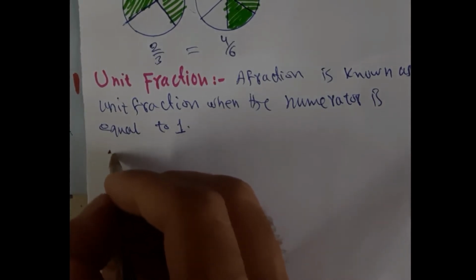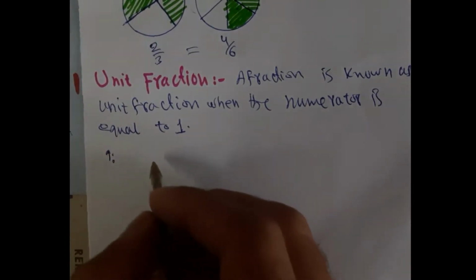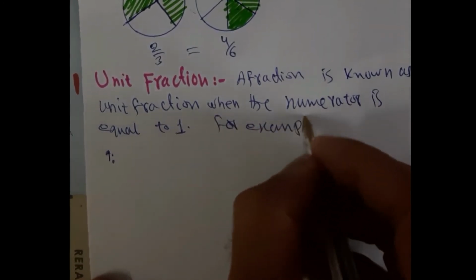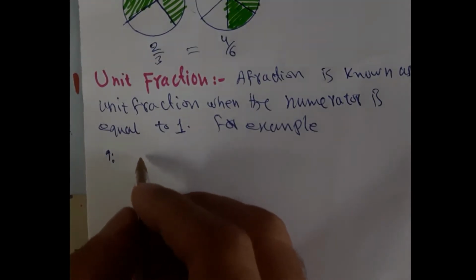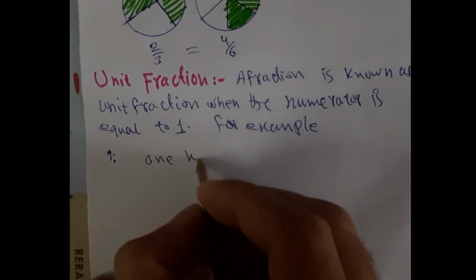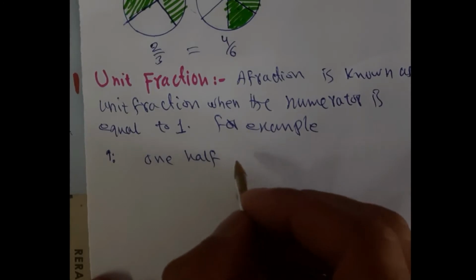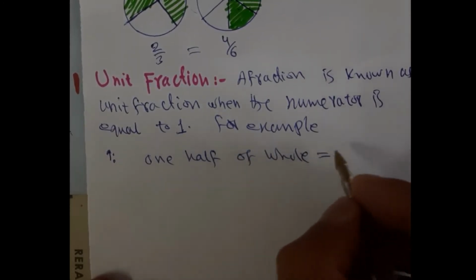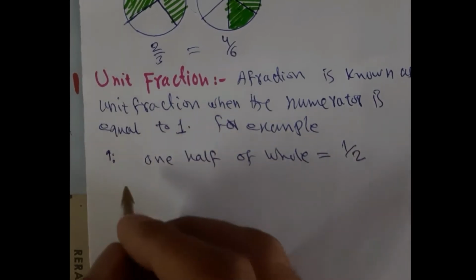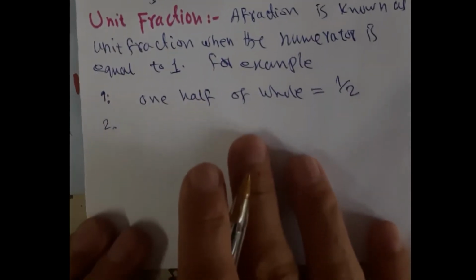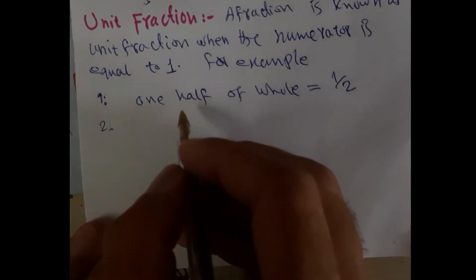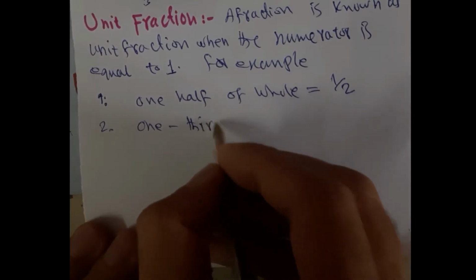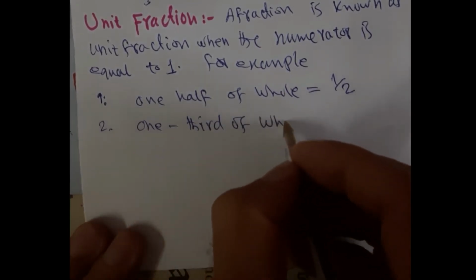Example number 1. For example, 1 half of whole. It is equal to 1 by 2. Number 2. 1/3 of whole.